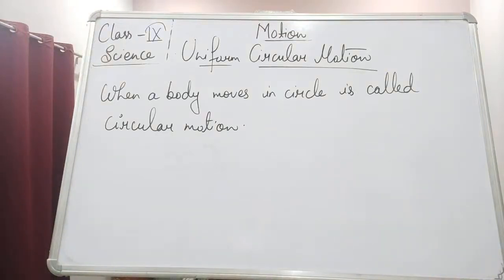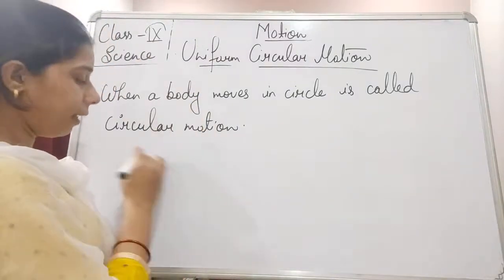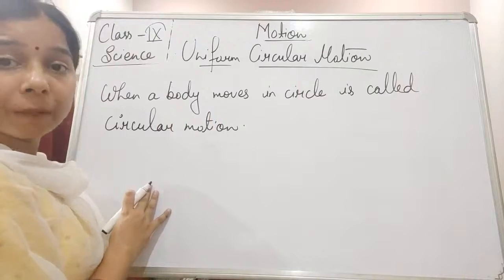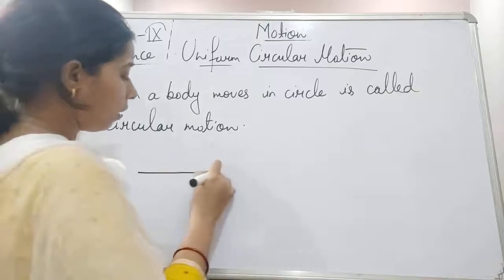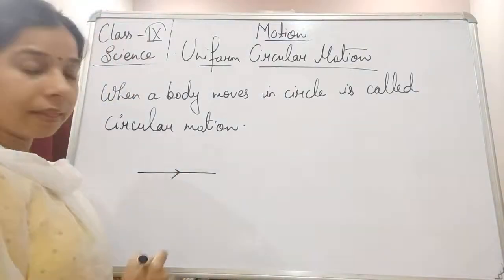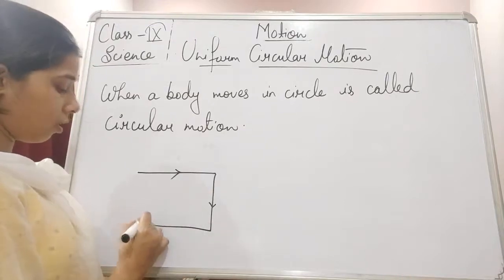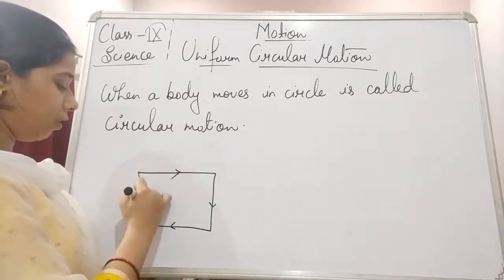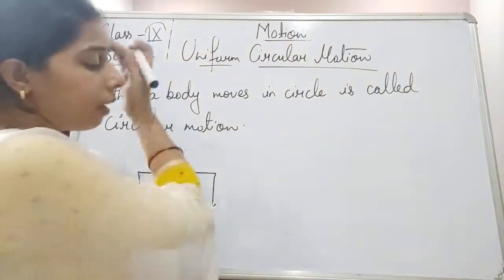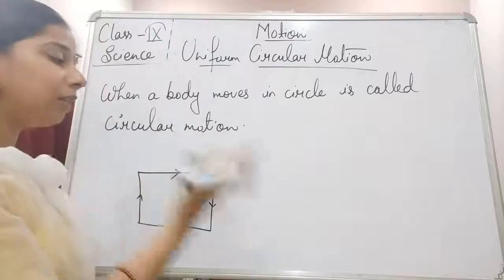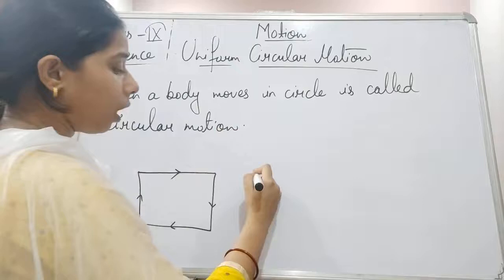Before we go further, let me tell you, an athlete is moving in a park and the park is a square. At first he went up to here in this direction, then he changes direction, and again changes direction, and finally reaches the first position. If we take another kind of park, it is a pentagon.